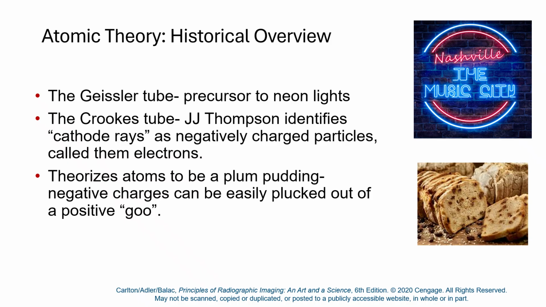The Crookes tube, J.J. Thomson used a Crookes tube, just like Roentgen used a Crookes tube to discover X-rays. J.J. Thomson was working with a Crookes tube, and he was more interested in the cathode rays that everyone knew about. The cathode rays were the useful part of the Crookes tube and the Geissler tube for performing these experiments on these elements and figuring out their spectral colors that they emit when they fluoresced, when bombarded with electrons.